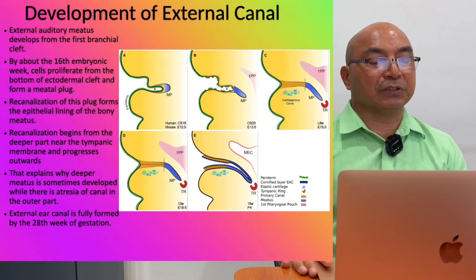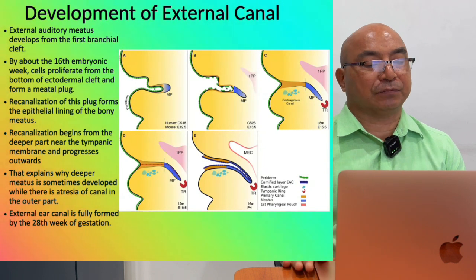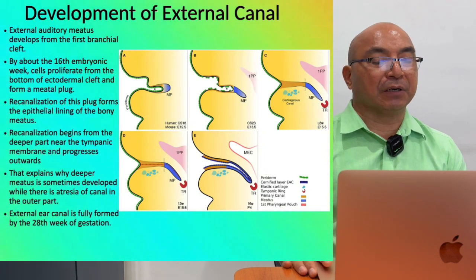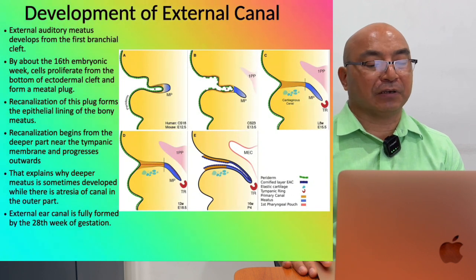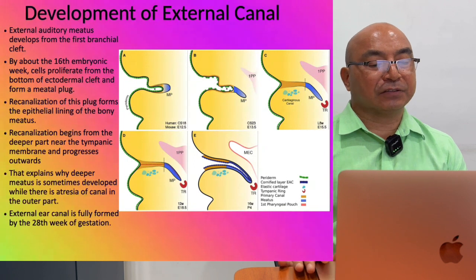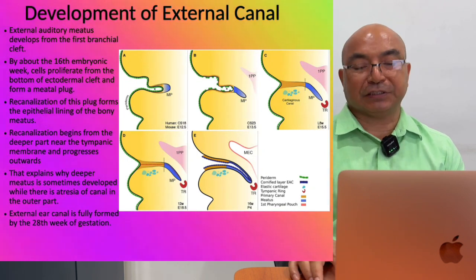Recanalization begins from the deeper part near the tympanic membrane and progresses outwards. That explains why the deeper meatus is sometimes developed while there is atresia of the canal in the outer part. The external ear canal is fully formed by the 28th week of gestation.